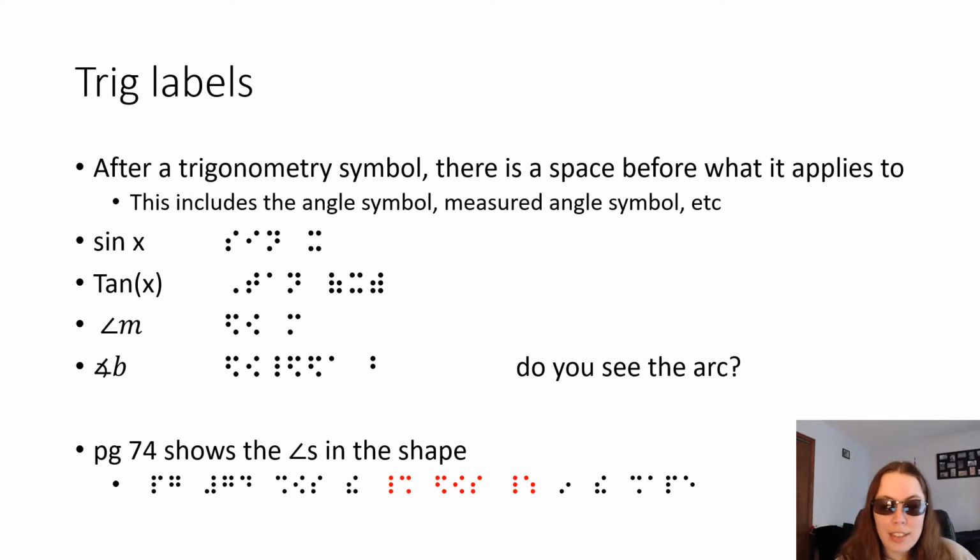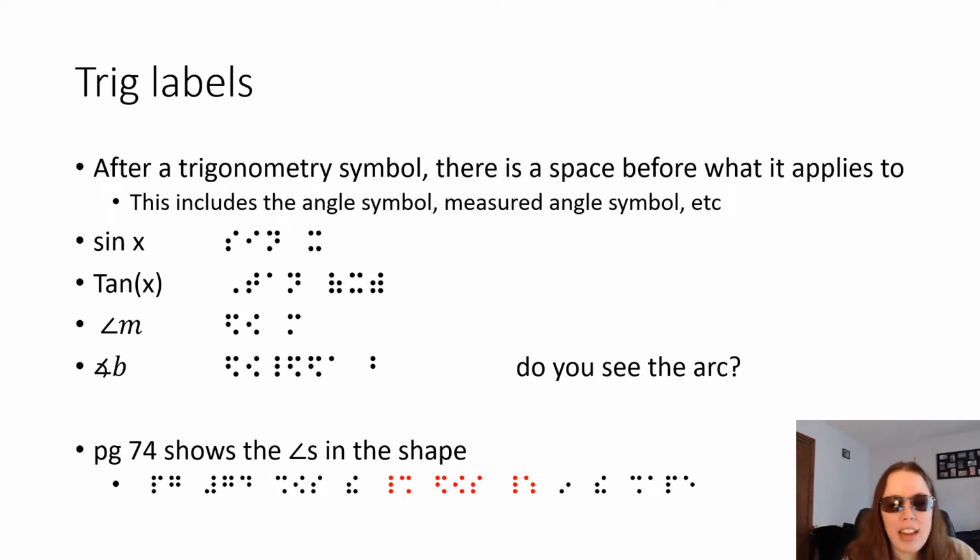That will include things that are like sine, cosine, tangent, cosecant, any of the different versions of that, but also the angle measure, like the angle symbol where you're measuring angle M. Or log, logarithm, base, whatever, or the natural log, which is written ln, or even limits. So any of these functions follow this pattern. There has to be a space after the word that tells you what function to apply before the thing you apply the function to. So here's some basic examples.